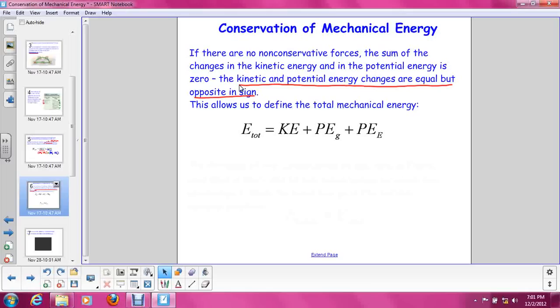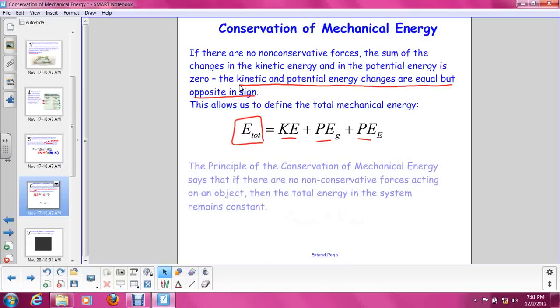So what that means is if we add the amount of kinetic energy in an object and the amount of potential energy in an object, that will tell us how much energy there is total in that system. And this is the principle of the conservation of mechanical energy.